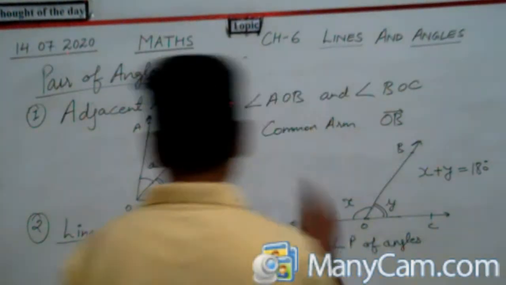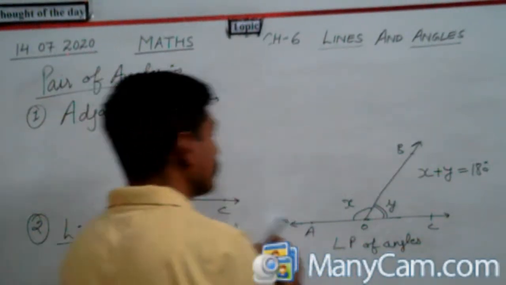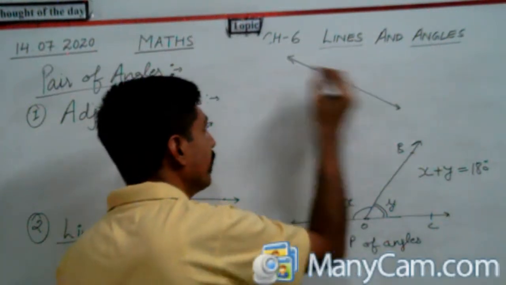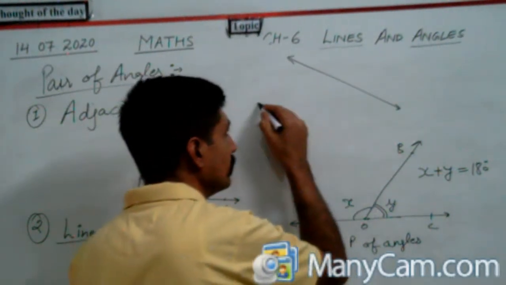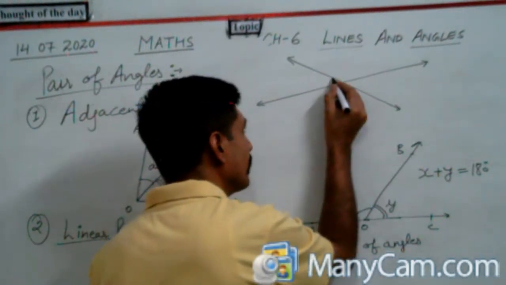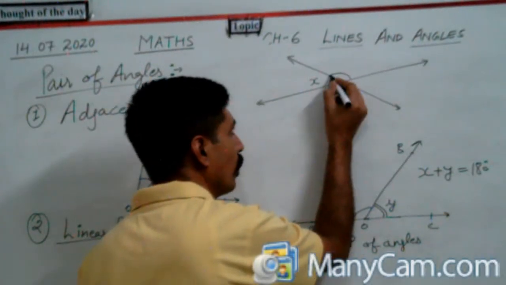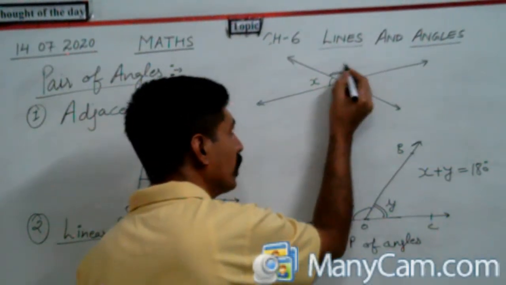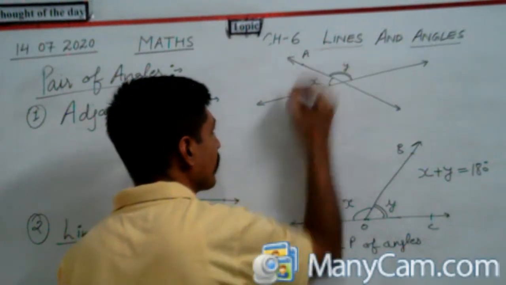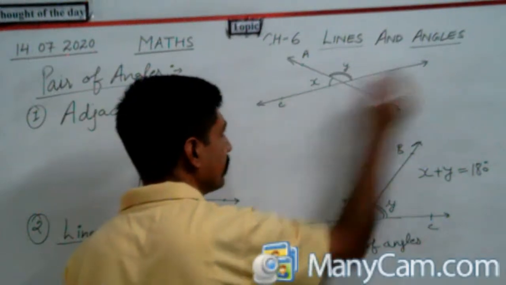So if we have two intersecting lines, let one line be here and the other line here, then let this angle be X, then this angle is Y. Both we can name them, let one be AB and the other CD, right?